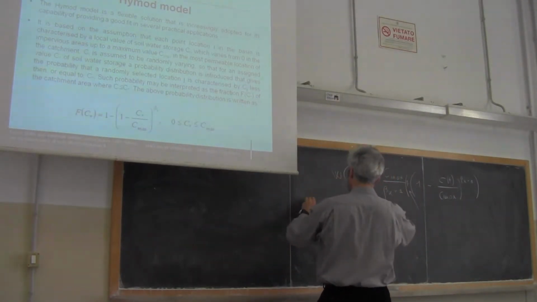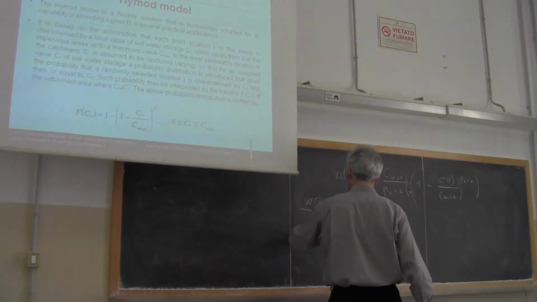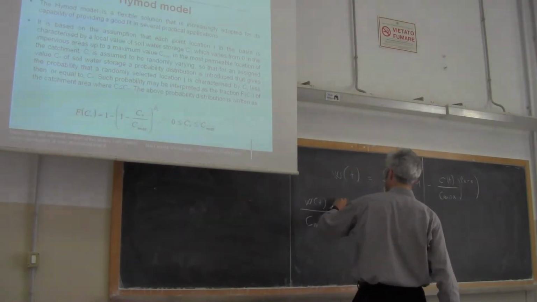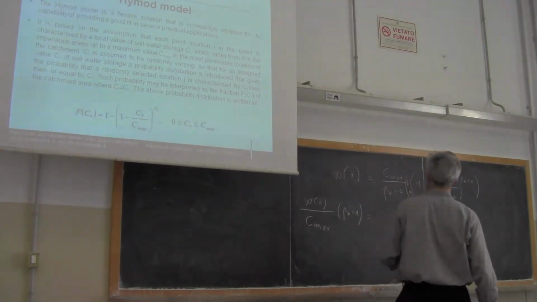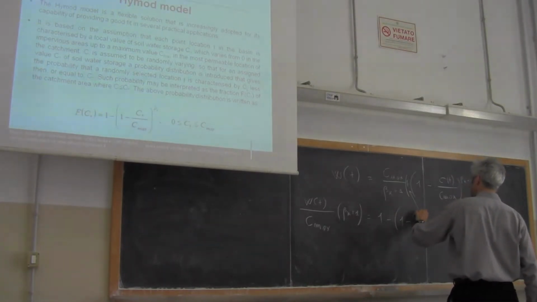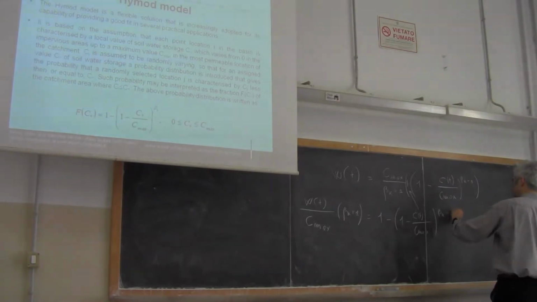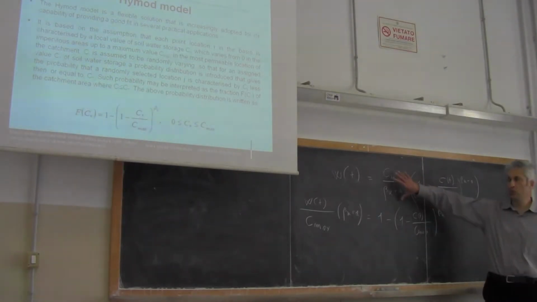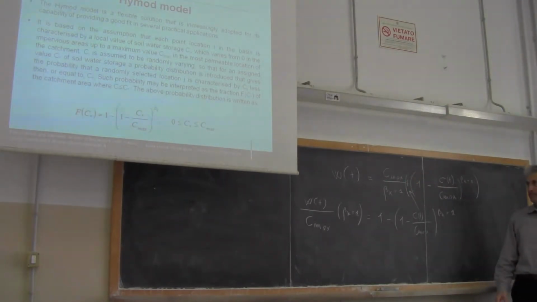Let me make the first step by writing that Wt divided by Cmax multiplied by beta k plus 1 is equal to 1 minus Ct divided by Cmax to the power of beta k plus 1. This is just the first step, where I took this multiplier and brought it on the left-hand side.